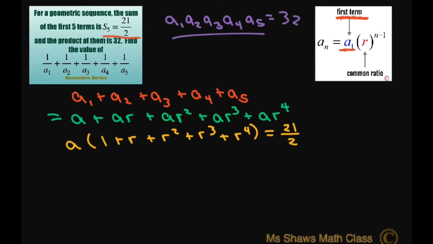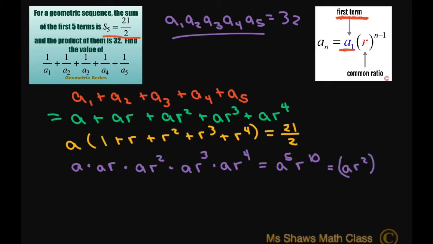That's A times A times R times A times R squared times A times R cubed times A times R to the power of 4. Simplifying this gives A to the power of 5 times R to the power of 10, which I can write as (AR squared) to the power of 5 equals 32.